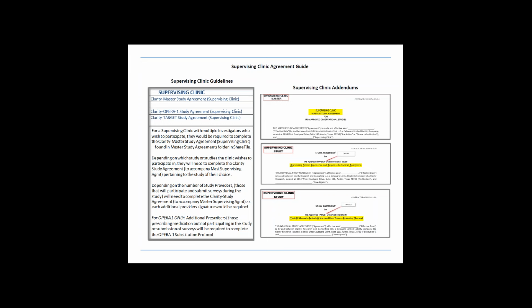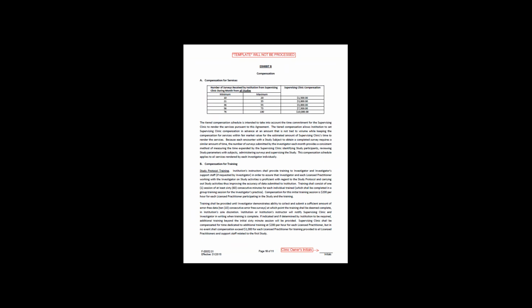So here's how it works, and I'm actually going to walk you guys through these forms real quick. The one that we're looking at first is going to be the supervising clinic master agreement. So this is the agreement itself. As you can see, right here is where they would list their cities. So Opera, Target. Then here we have the actual compensation.